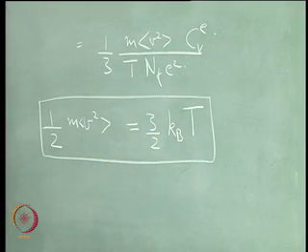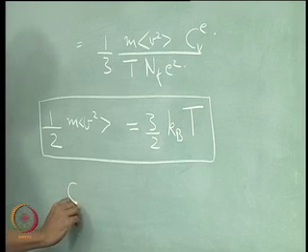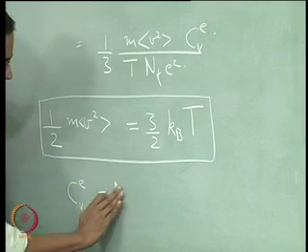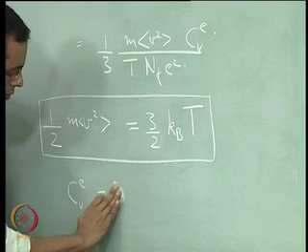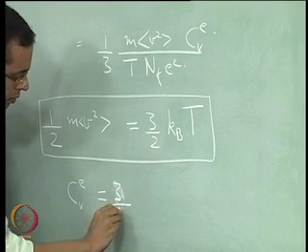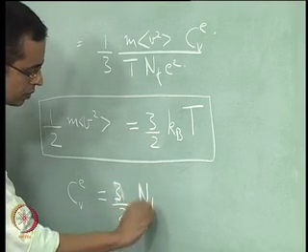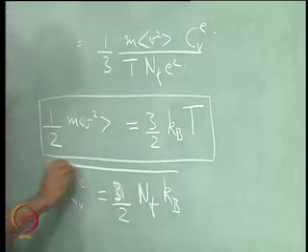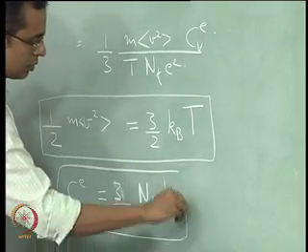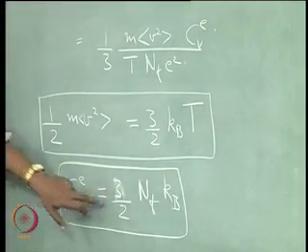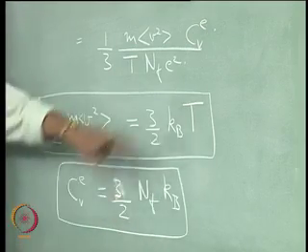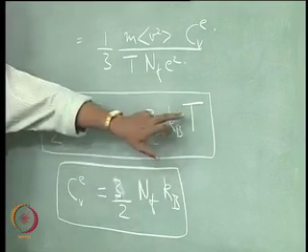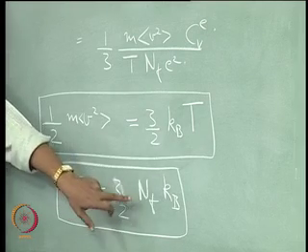And we also said CVE is 3 by 2 NF kB. In both these cases kB is the Boltzmann's constant, and T is of course the temperature.